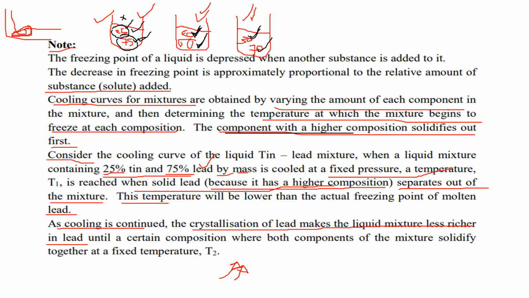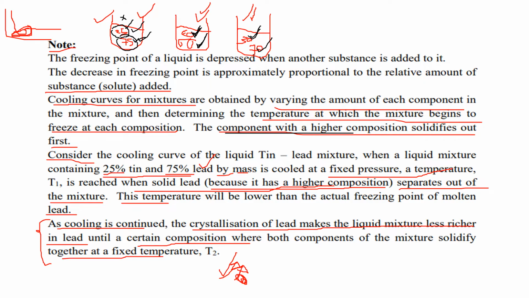A time is going to come when tin, which is not crystallizing out of the liquid mixture, becomes richer in the mixture, while lead, which is crystallizing out, becomes less present. That's the meaning of this third statement: as cooling is continued, crystallization of lead makes the liquid mixture less rich in lead until a certain composition is reached where both components solidify out together.